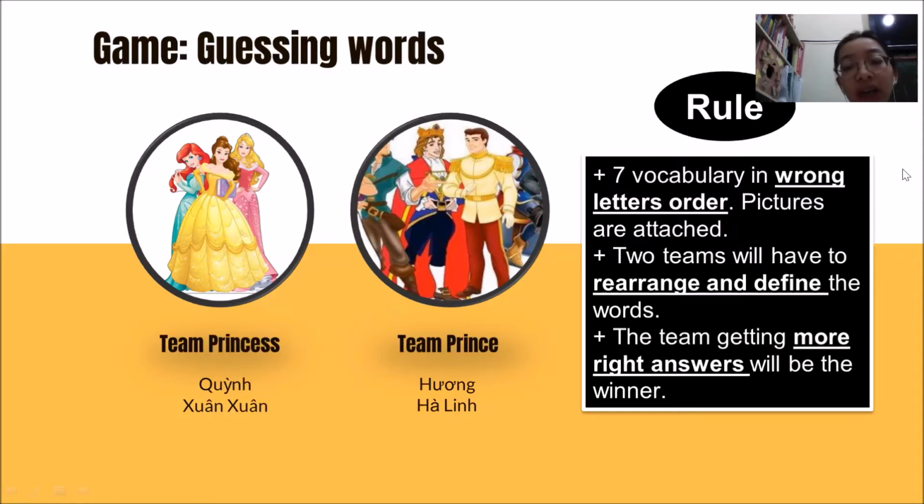Pictures, don't worry, they are attached. 2 teams will have to rearrange and define the words. You can define the words in Vietnamese, that's all right. The team getting more right answers, having more points, will be the winner. And remember that the winner will have a big gift from me.